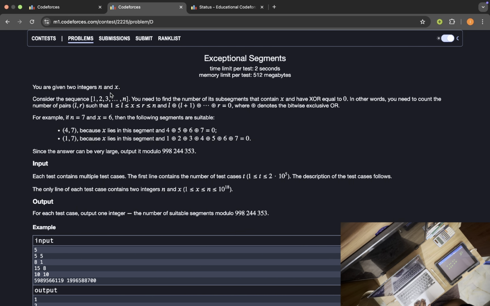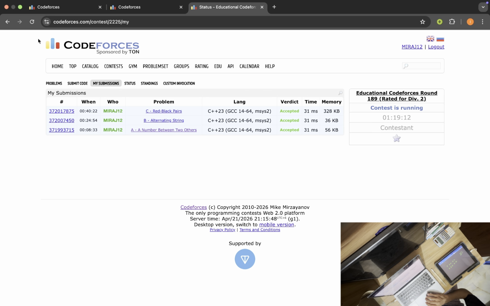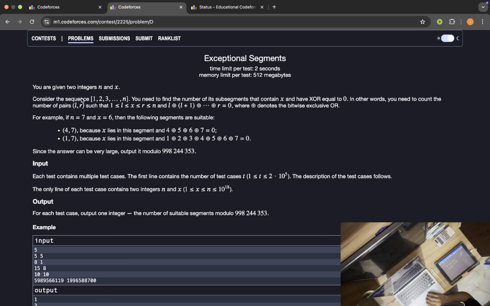Okay, you are given two integers n and x. Consider the sequence 1 to n.